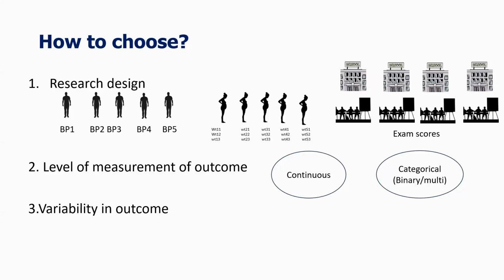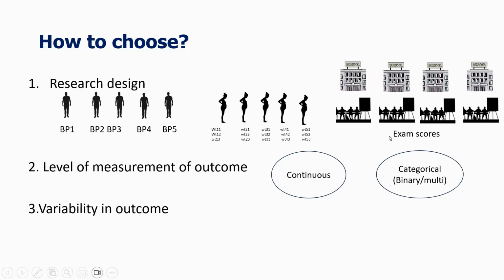And then there is a third kind of data structure or research design, leading to a hierarchical data structure. An example of this is having multiple schools or multiple primary health centers, and from each health center or school, you sample a different number of students or patients, and then you observe the outcome in these participants either at one time point or at multiple time points.